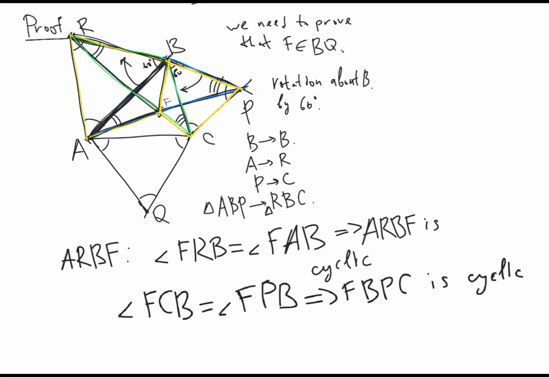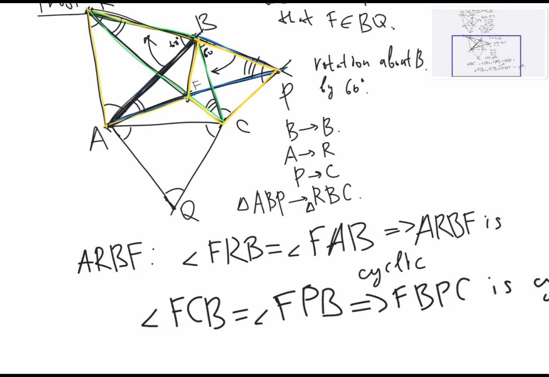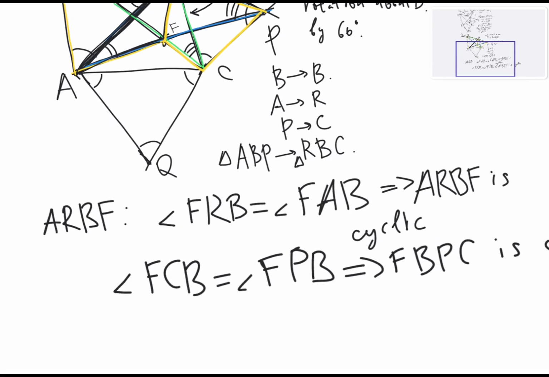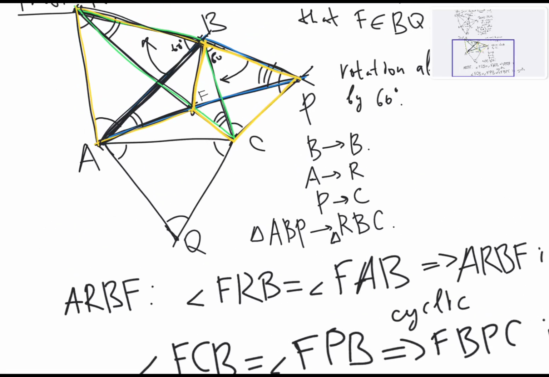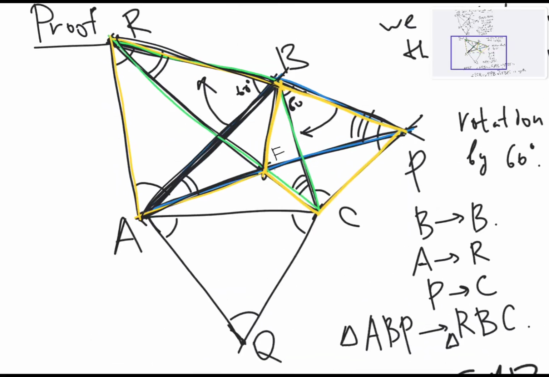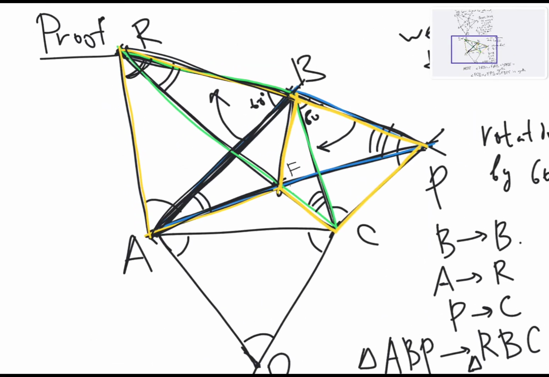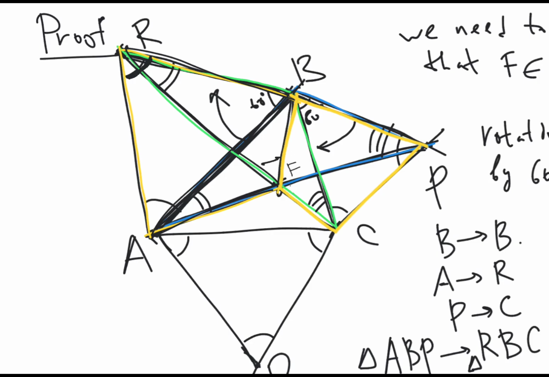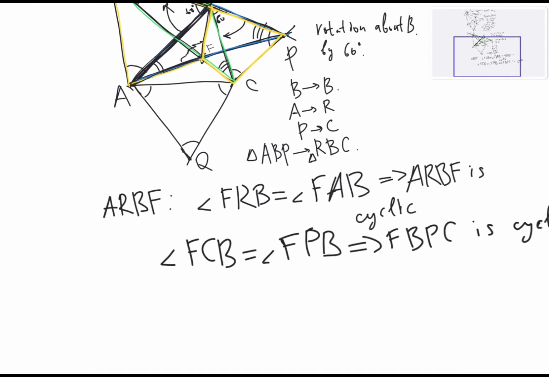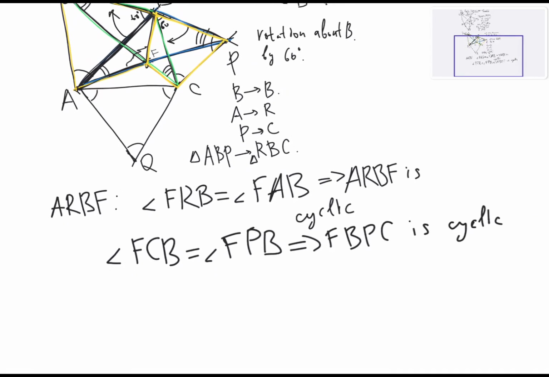So now, if both of them are cyclic, one of the criteria of a cyclic quadrilateral is that the sum of the opposite angles is equal to 180 degrees. Because this angle is 60 degrees, the opposite angle must be 180 minus 60, it would be 120, right?